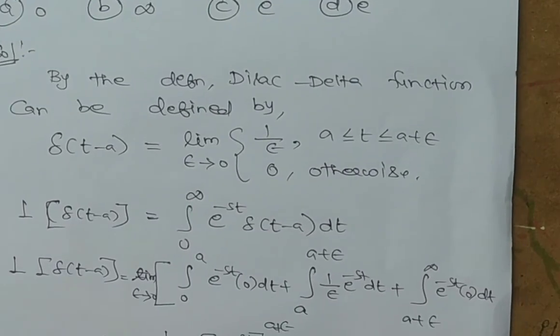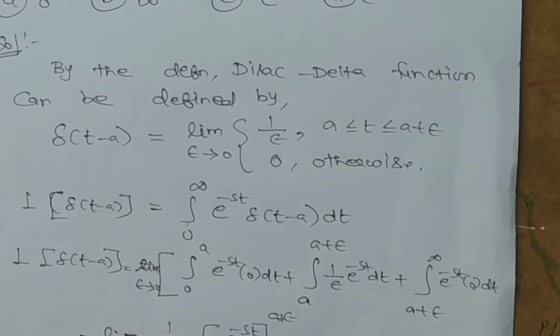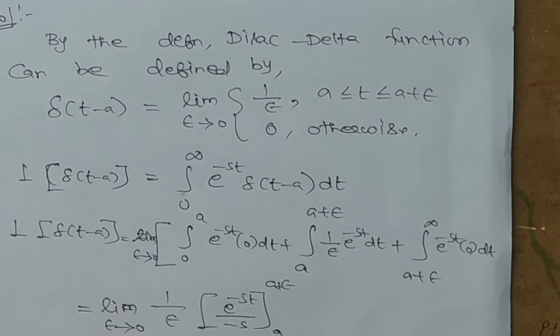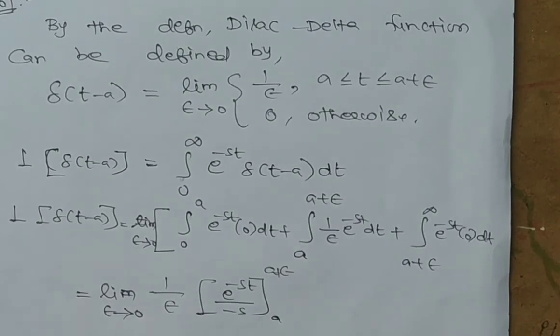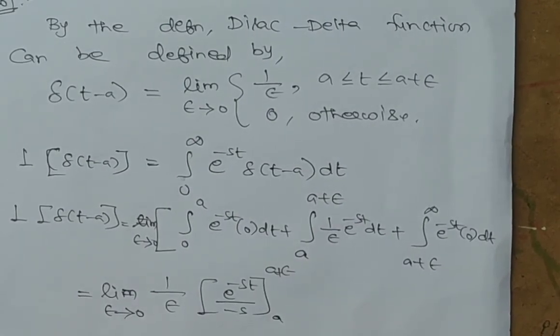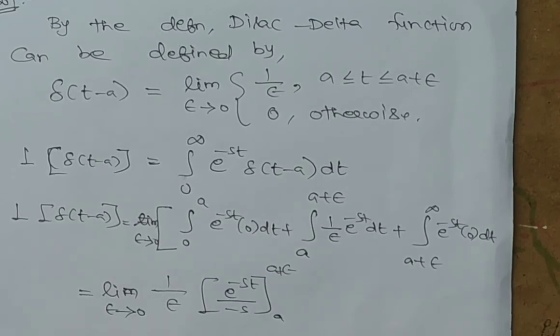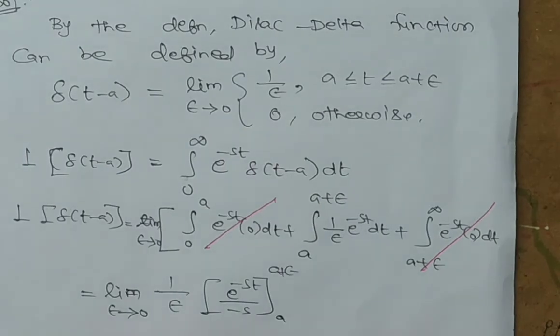By the definition of the Dirac delta function, delta of t minus a is the limit as epsilon tends to 0 of 1 by epsilon, where t lies between a and a plus epsilon, and 0 otherwise. The Laplace transform of delta of t minus a is equal to the integral from 0 to infinity of e power minus st delta of t minus a dt. Actually, this integral splits into 0 to a, a to a plus epsilon, and a plus epsilon to infinity. So the outer integrals vanish.